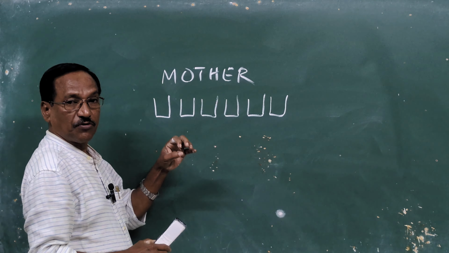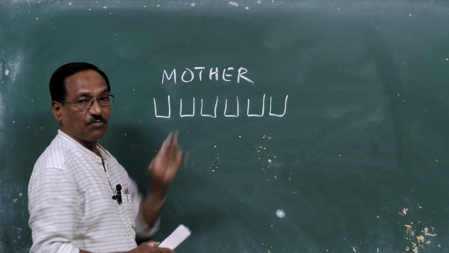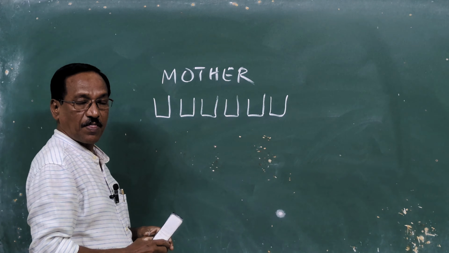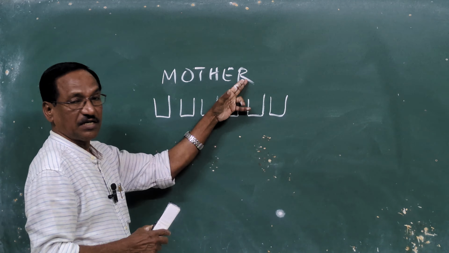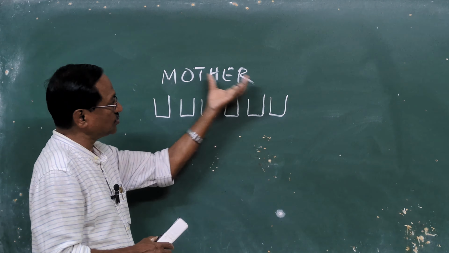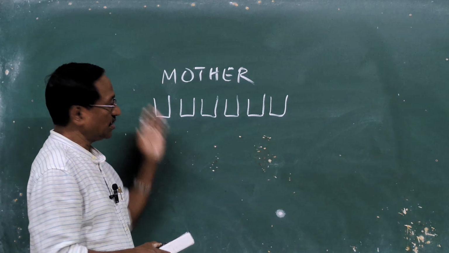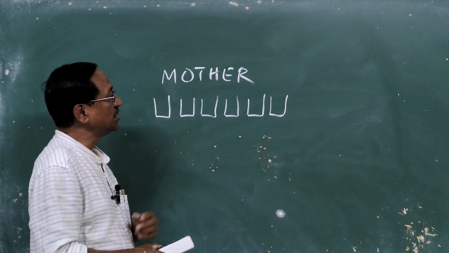Now we have to put one letter each in all these 6 boxes. The number of arrangements of this word is the same as the number of ways in which we can put these 6 letters in these 6 boxes with one letter in each of the boxes.